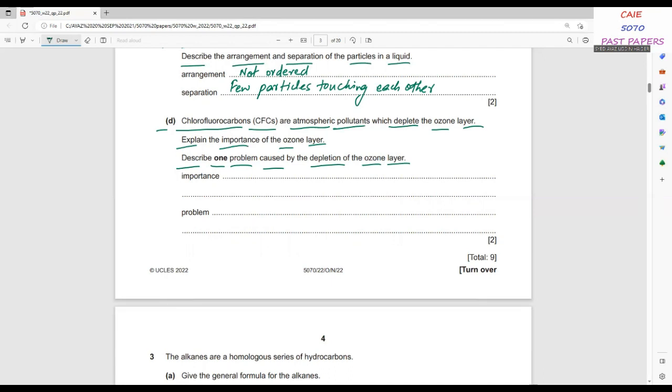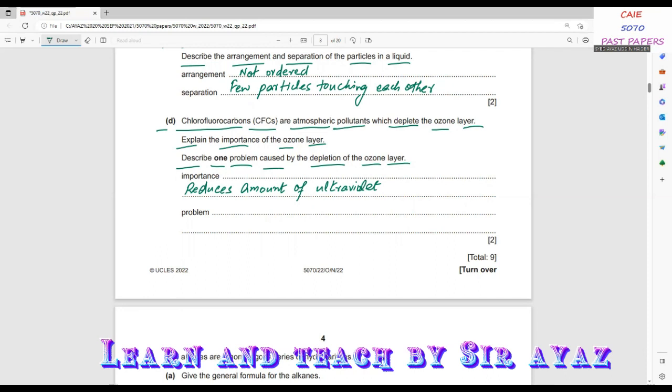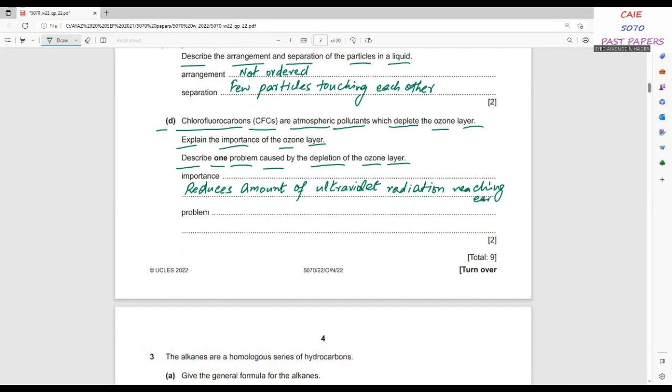So you can write reduces amount of ultraviolet radiations reaching the earth.